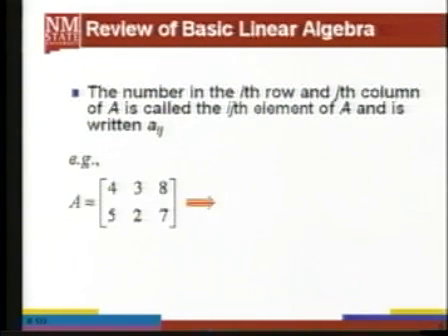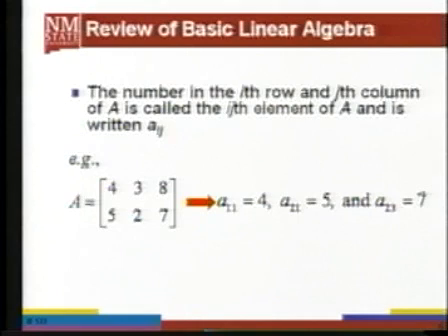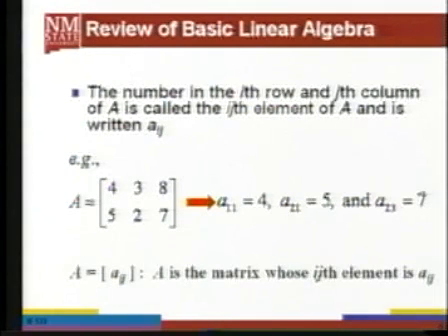So for a given matrix A, a sub 1,1 would be 4, a sub 2,1 would be 5, and a sub 2,3 would be 7, just for example. And sometimes we will use this notation to indicate that A is the matrix whose ijth element is a sub ij.